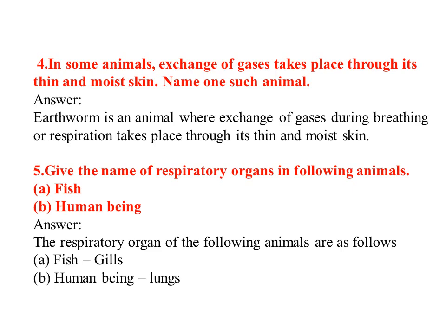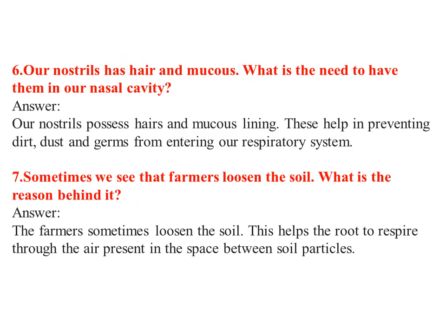Next, give the name of the respiratory organs in the following animals. In fish, the respiratory organ is the gills, and in human beings it is the lungs, which is pulmonary respiration. Next, our nostril has hair and mucus. What is the need to have them in our nasal cavity?